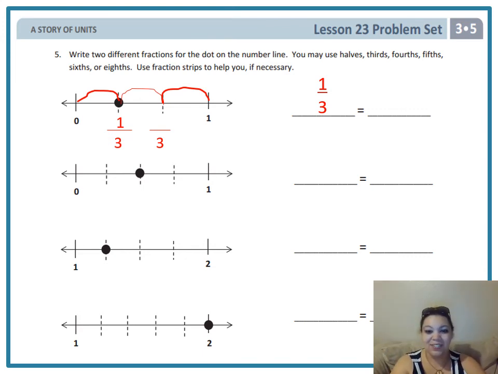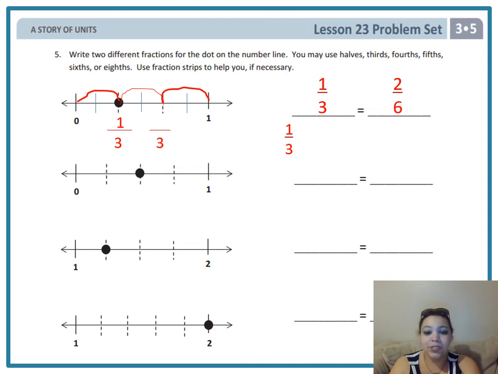Let's cut them in half and see what we get. All right, now how many equal parts are there? Yeah, it's 6. So how many sixths would it take to get to 1/3? 2 sixths. 1/3 is equivalent to 2/6 because 1/3 and 2/6 are on the same spot on the number line.